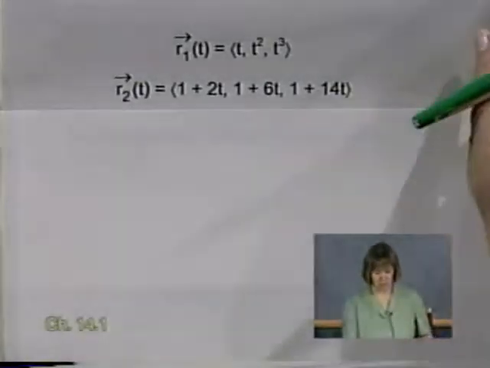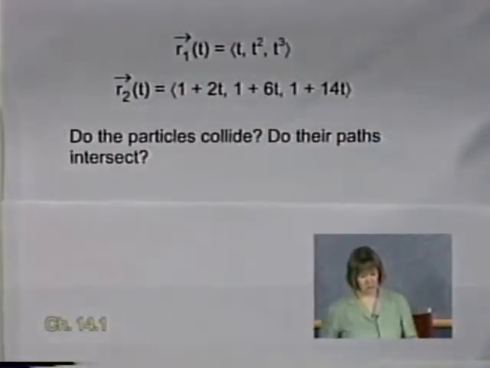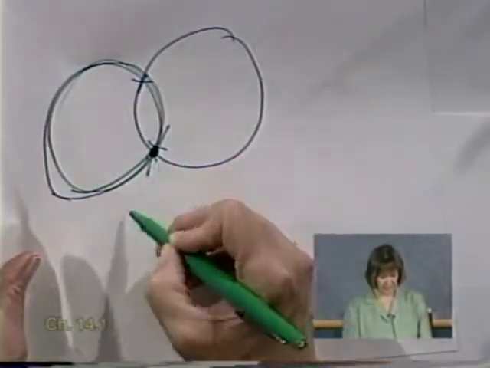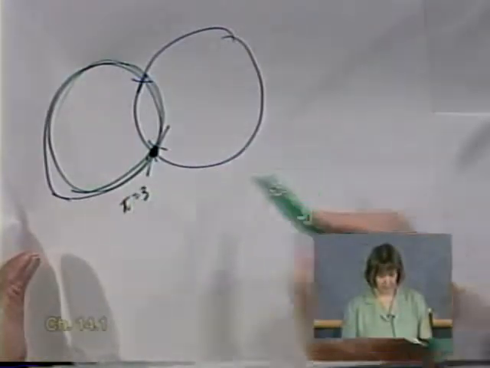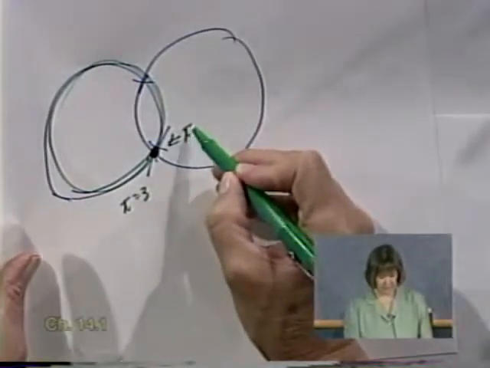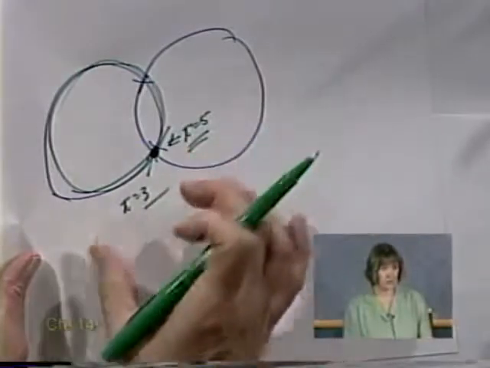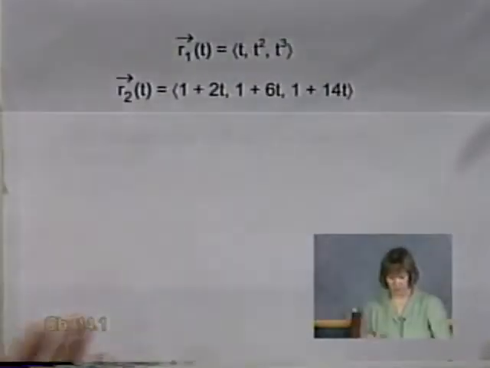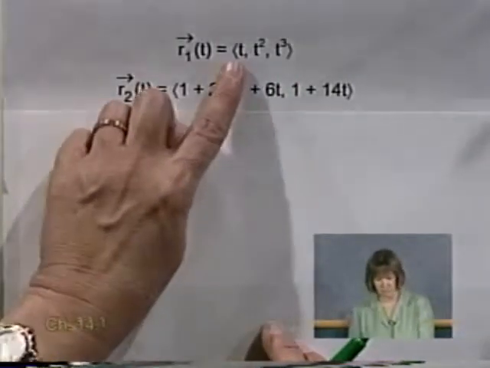Now, in terms of do their paths intersect, the paths could intersect, but maybe this particle is at this point at t equals 3, and the other one is here at t equals 5, at two different times. You with me? Since it could be different times, I can't use the same t for this particle as that particle.